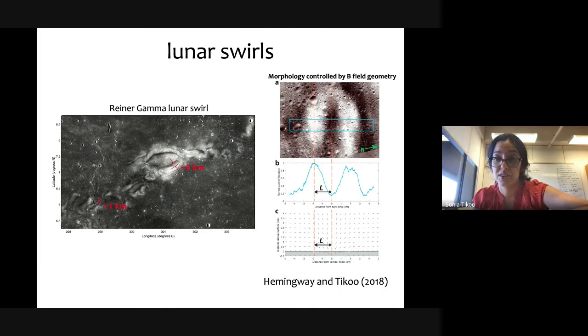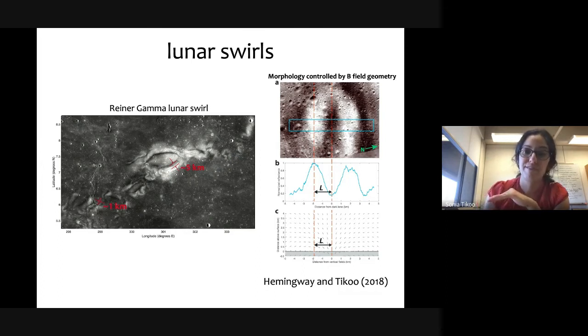And that's where you get the dark lanes from. And then in areas where the fields are more horizontal, those areas are protected from these charged particle interactions and space weathering. And so they retain their original sort of primitive bright color. So basically it's differential space weathering that is one of the hypotheses for forming swirls.